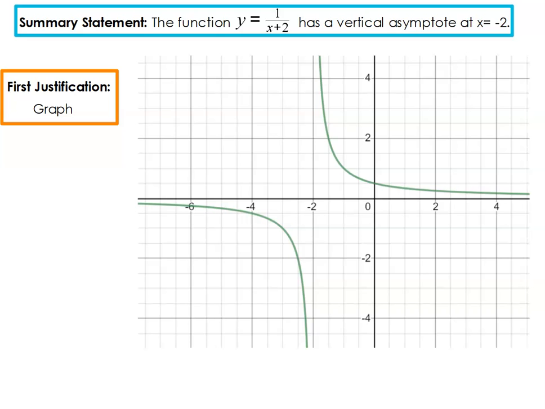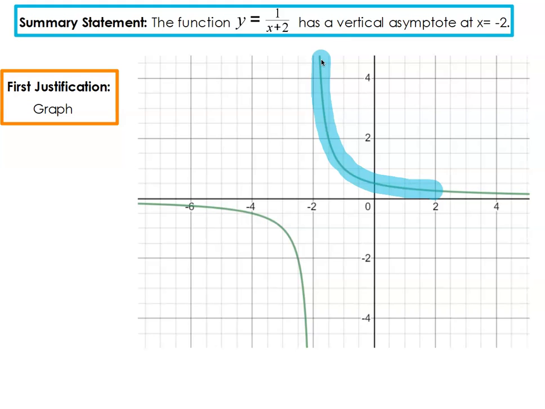Here we have this function y graphed. And as you can tell, the function kind of breaks. And the x value that the function breaks at is negative 2. As you can see, above the x-axis, if I trace this, as we go closer and closer to negative 2, this function will continue to go up forever, but it looks like it won't cross.